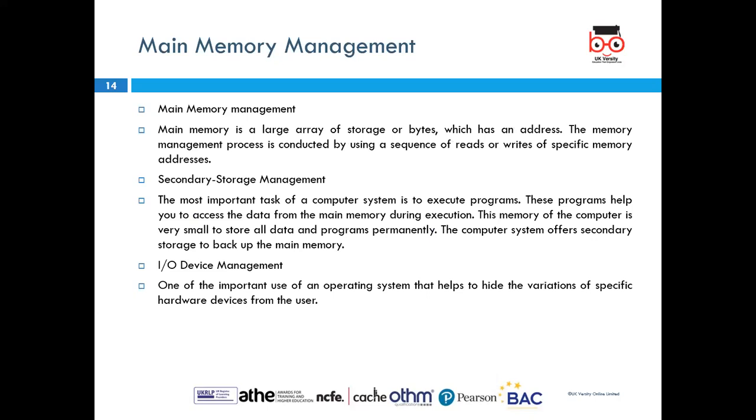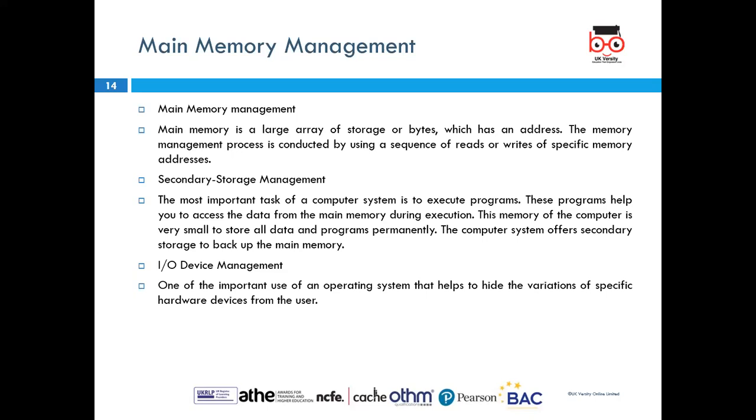Main memory management, which is a large array of storage of bytes, each of which has an address. So the main purpose is simply to be the primary storage of our PC, where all these files will be stored. Then you have secondary storage, like a hard drive. Yes, kind of like a hard drive.